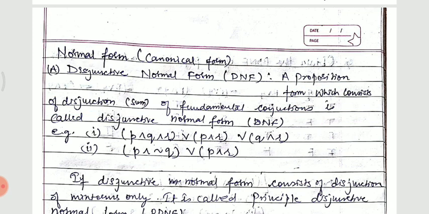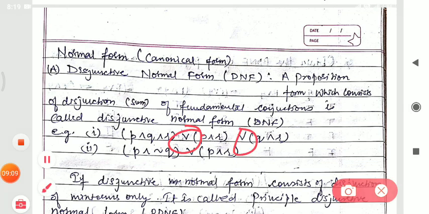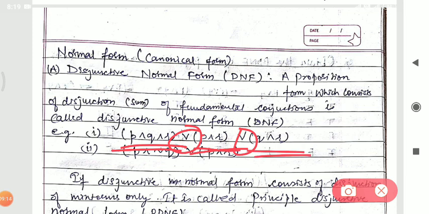Fine. So this is a sum, means a disjunction of conjunctions. Look at this, these are fundamental conjunctions, and we are taking the sum of fundamental conjunctions.